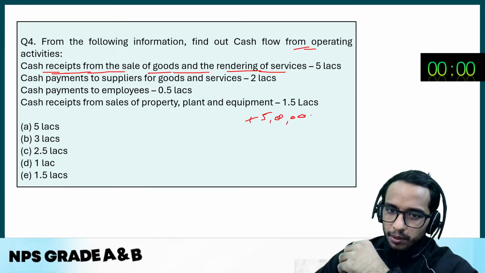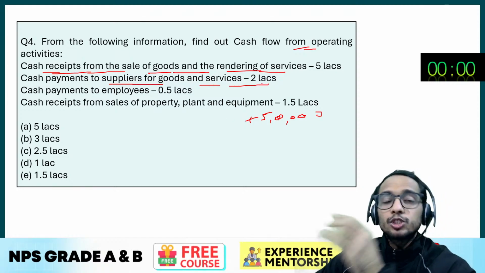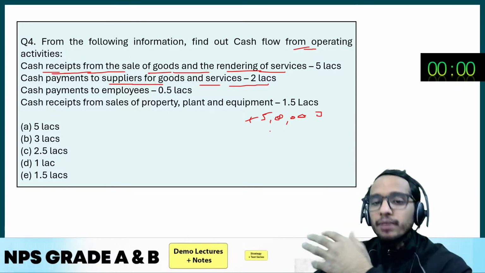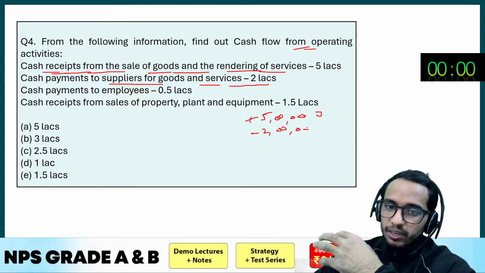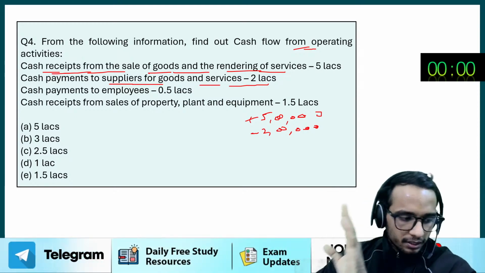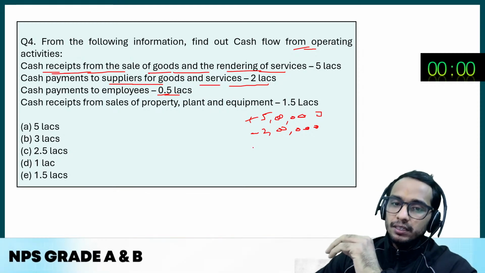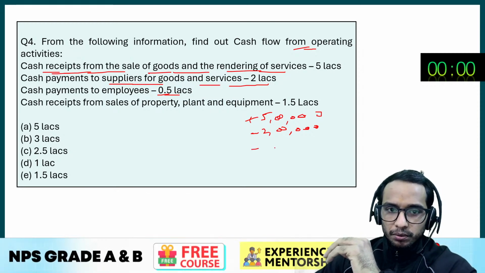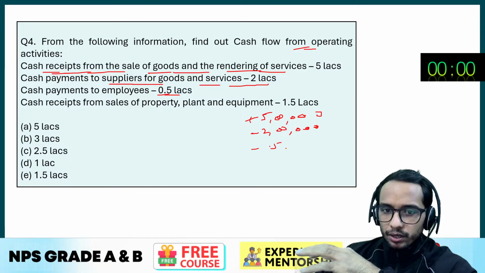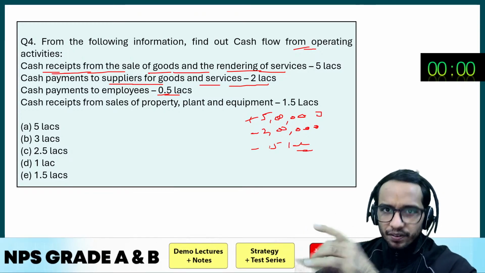It will be plus 5 lakh rupees. Cash payments to suppliers for goods and services, 2 lakh rupees. So you are paying money, so it is going to decrease your cash balance, so you are going to minus it. Clear? Cash payment to employees, again 0.5 lakh. So again you are going to minus it. Okay? 0.5 lakh means 50,000, right?